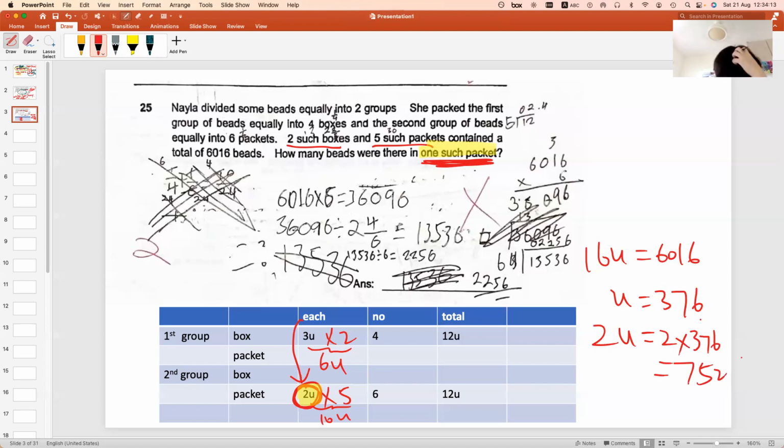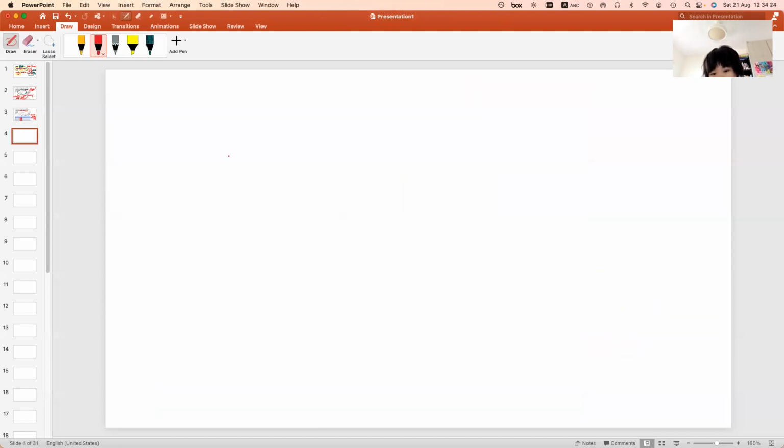Okay, so I would say pretty simple. In fact, for all this each number total question, I don't know, until today you are still inflexible about this.